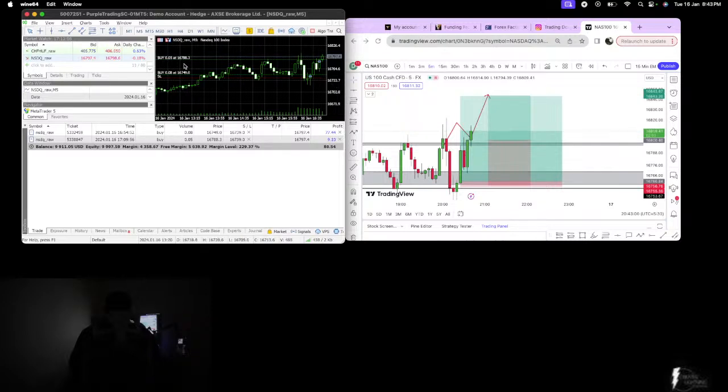So this new position is opened at 788, and our stop loss is at 739. So how many points? 49 points. The same 49 points is the next target. Clear? But let's keep the position running.